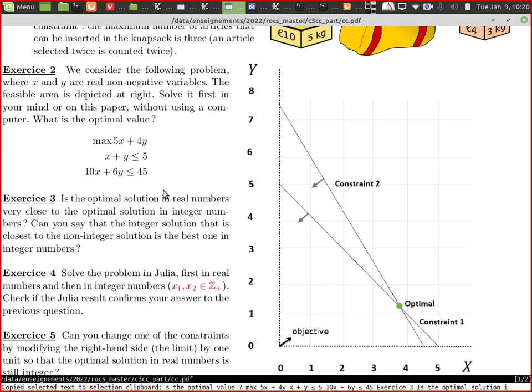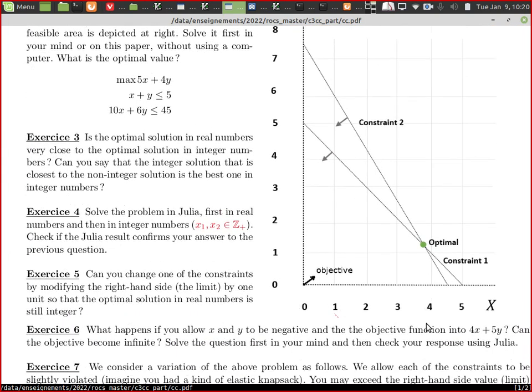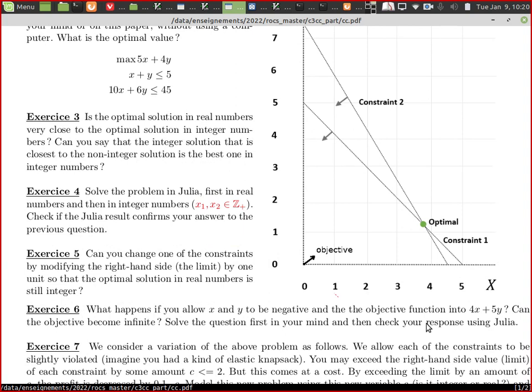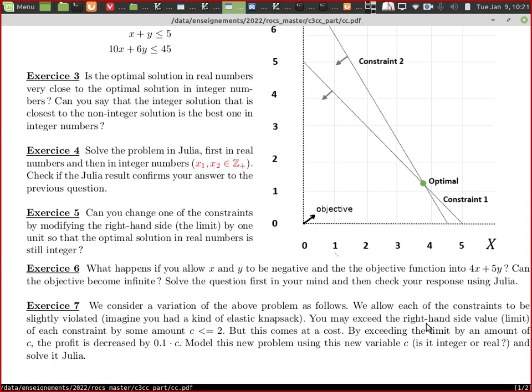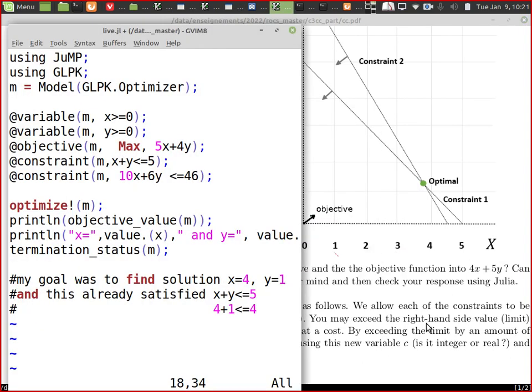What is difficult is when you switch to integer numbers. But for this particular case, if the optimal solution in real numbers is integer, the problem is easy, even in integer numbers. You see the reasoning? Okay, any question?